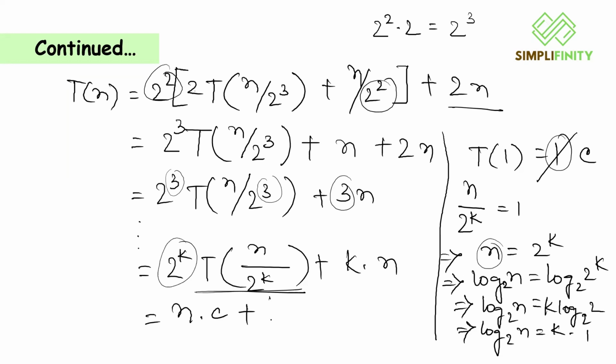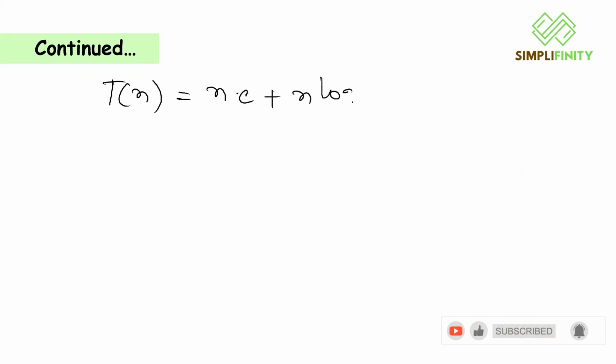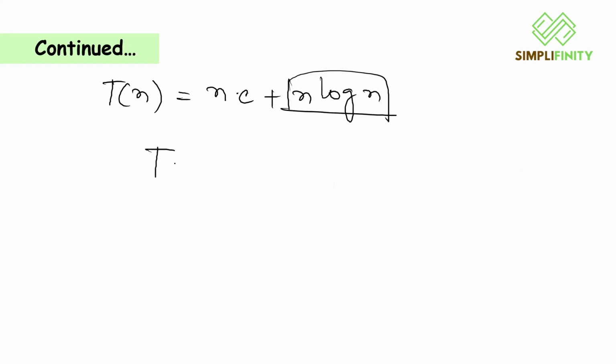K is log base 2 n. Now we don't have to write log n. Next page we have t equals n times c plus n log n. Now we are going to take this and our time complexity will be n log n.